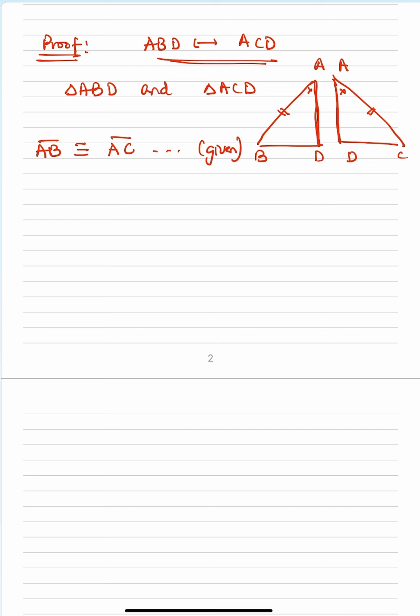Now here in these two triangles we can say that this side is congruent to this side. Now angle BAD is congruent to angle CAD. Why? Because AD is the bisector of angle A. Got it? And one thing is already given to us by the figure, we can say this AD is equal to AD because it is a common side.